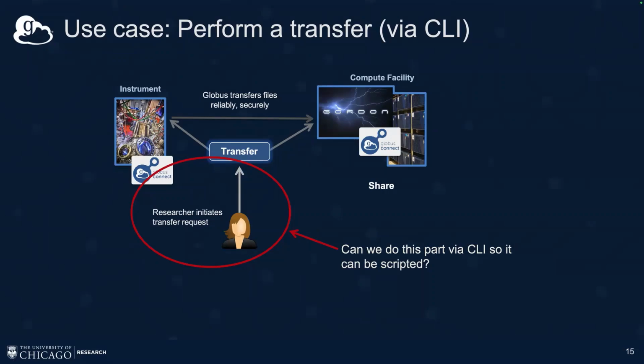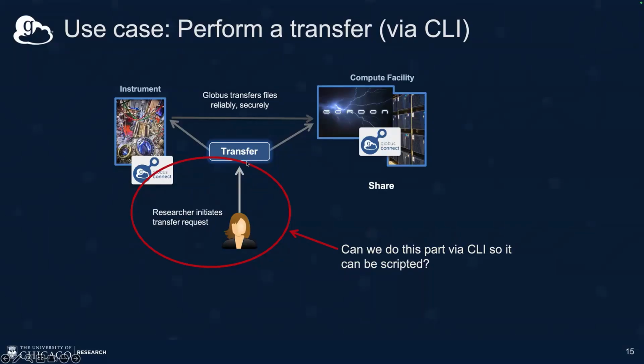But let's say that you have to do that 24/7, once every 20 minutes or something like that. You do not want to be pointing and clicking all day long or have an operator doing that all day long. Instead, you probably want to script it with some kind of shell script on the instrument system that makes that transfer happen routinely.